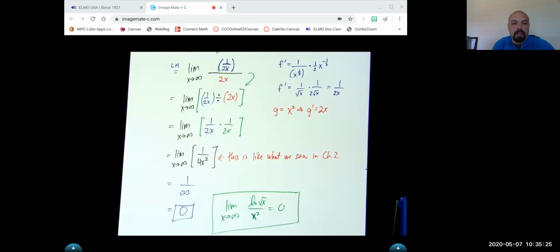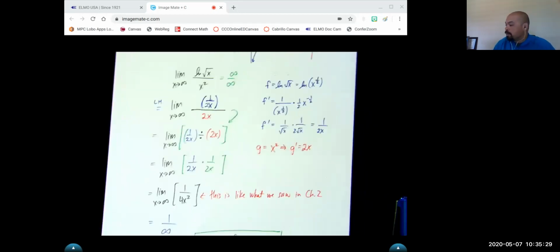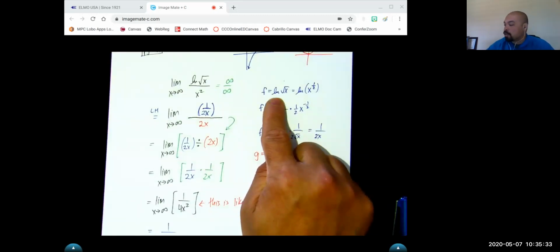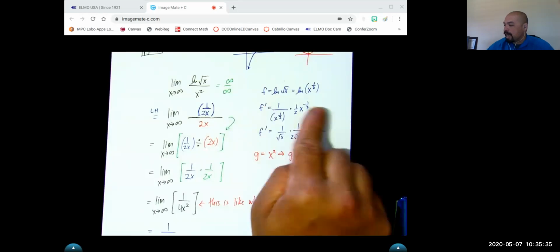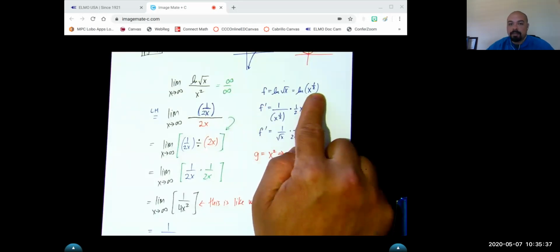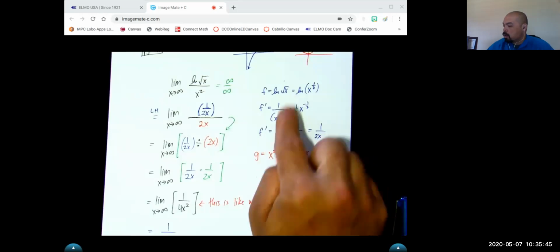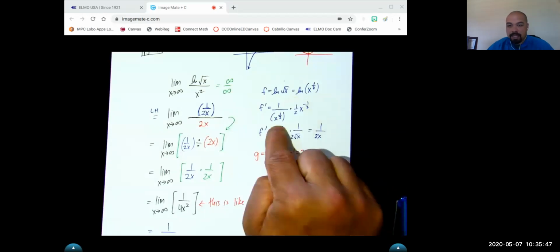And so then for that numerator, that derivative: our original function, the natural log of the square root of x, where the square root of x is x to the 1/2 power. When I take my derivative, remember the derivative of the natural log is 1 over whatever was inside, 1 over that x to the 1/2, 1 over the square root of x.